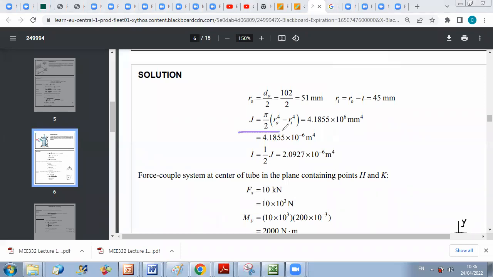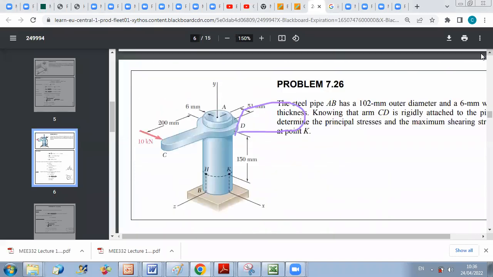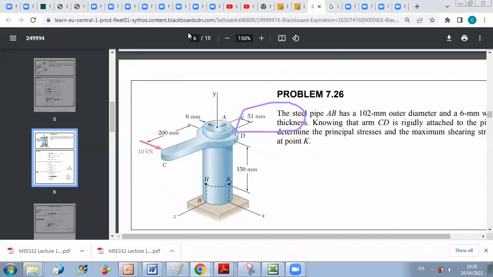inertia, which is here. You should pay attention that I don't have a full cross-section area, because if you go back to the figure, you have an annulus here. You have an inner radius and an outer radius. So the outer radius is 51 millimeters.